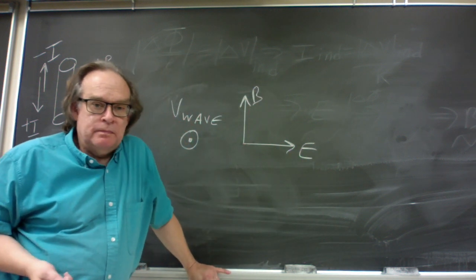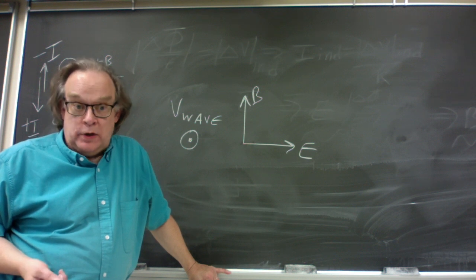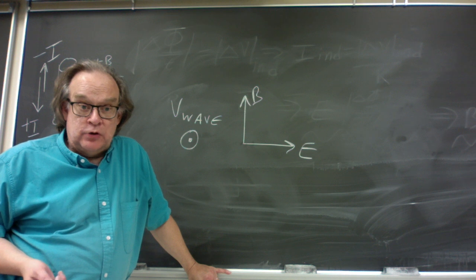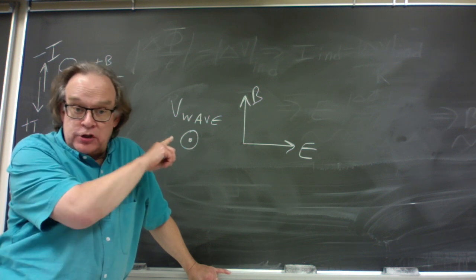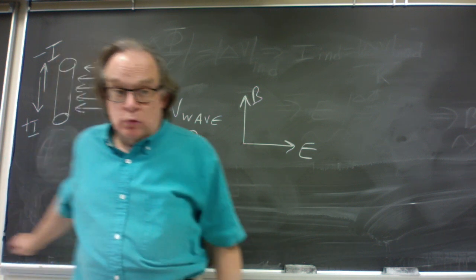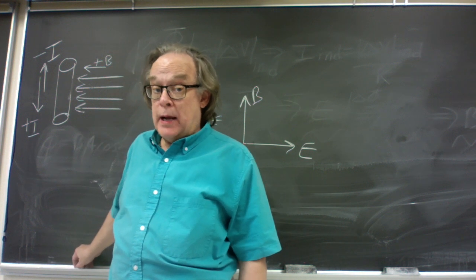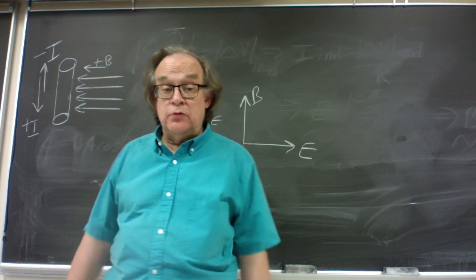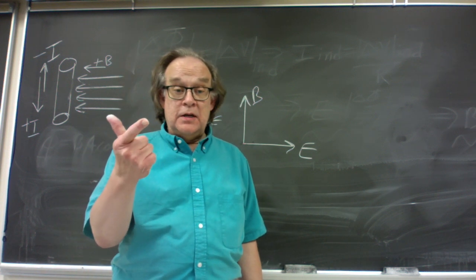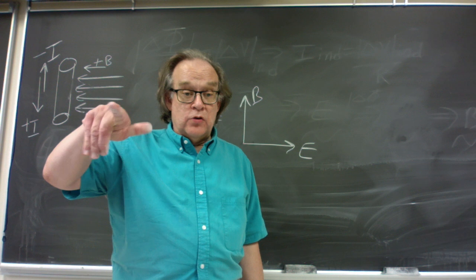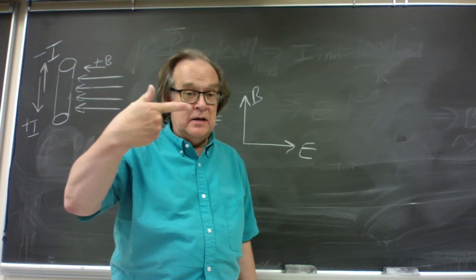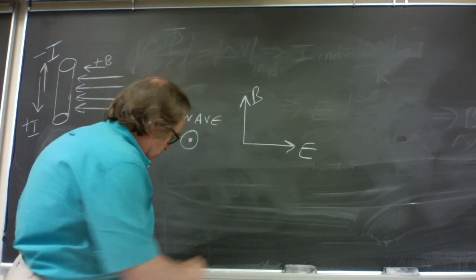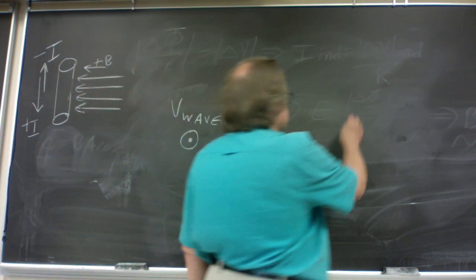Because it turns out we have another right-hand rule that relates the direction of electric field, the direction of magnetic field, and the direction of the velocity. And that right-hand rule works exactly the same way as the right-hand rule for magnetic force. It involves thumb, index finger, and then the other three fingers rotated. So how it works is like this.